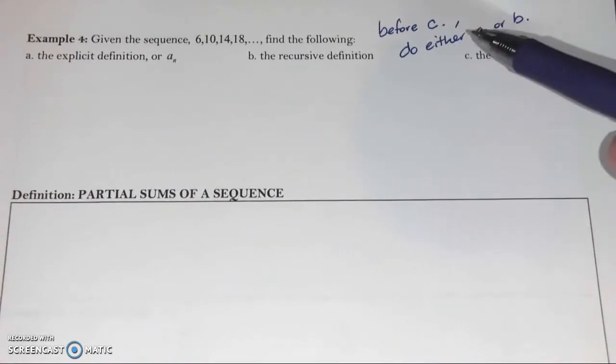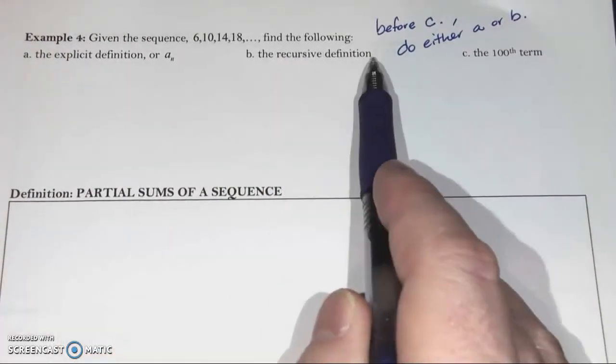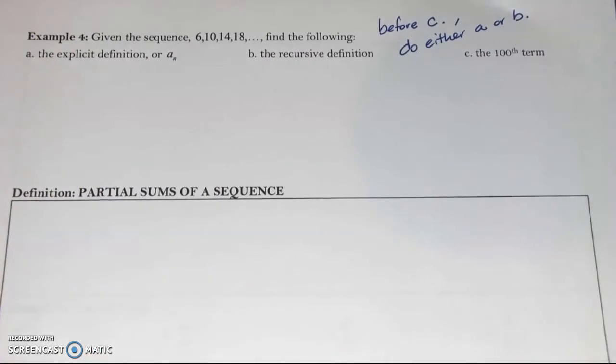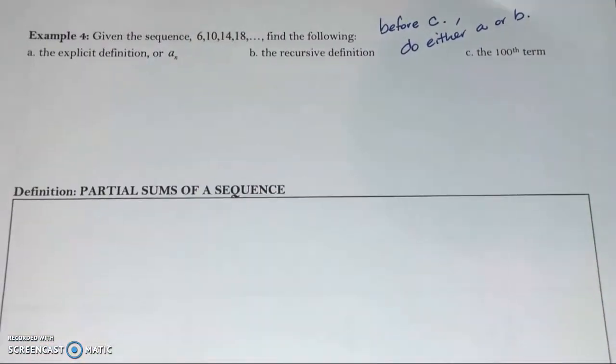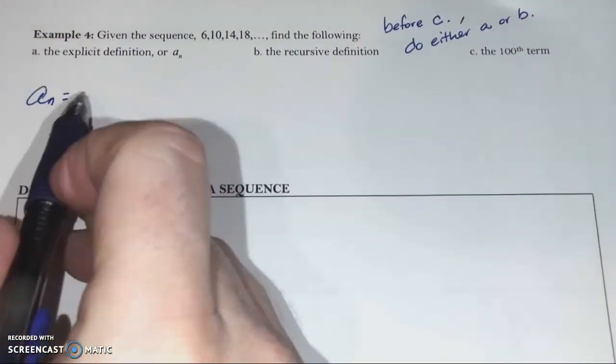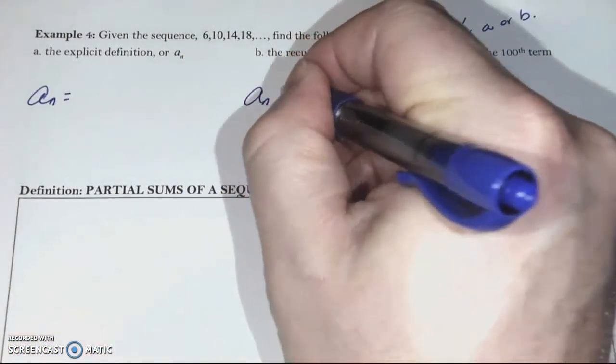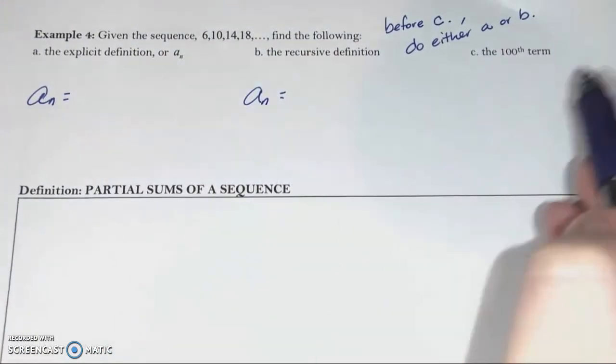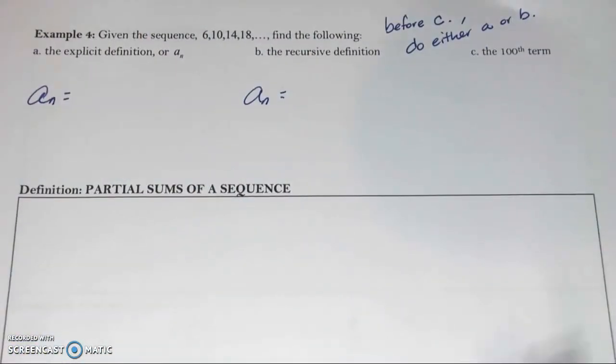I think one of these, either A, the explicit, or B, the recursive, is going to help you more for the 100th term. Okay, so we want A, the formula in terms of n, and B, the formula in terms of the term prior to it, a sub n minus 1.